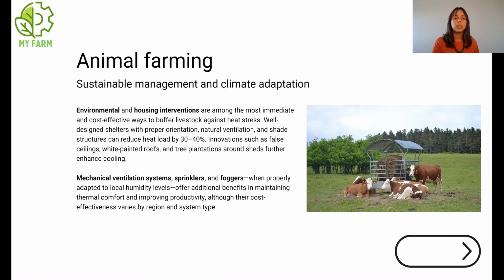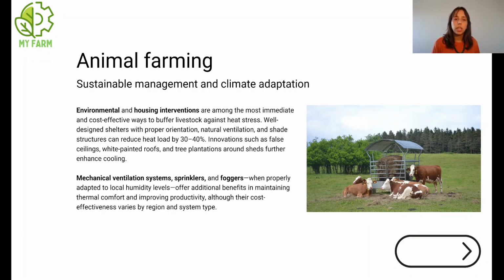Environmental and housing interventions are among the most immediate and cost-effective ways to buffer livestock against heat stress. Well-designed shelters with proper orientation, natural ventilation, and shade structures can reduce the heat load by 30–40%.